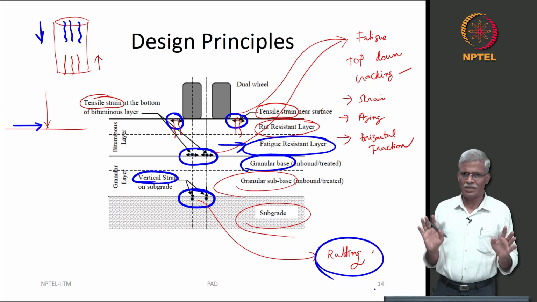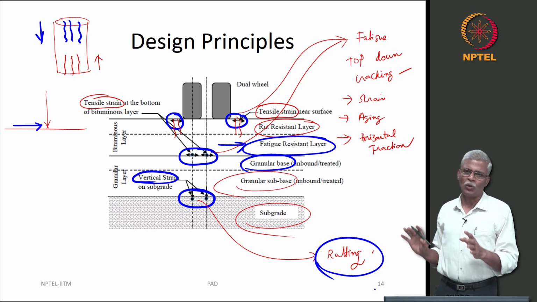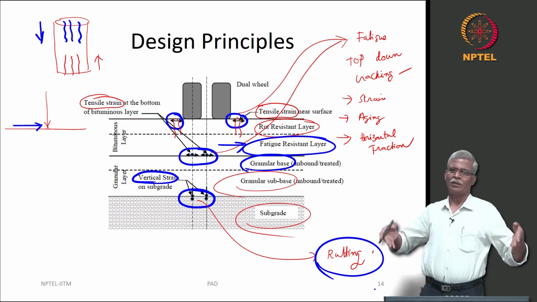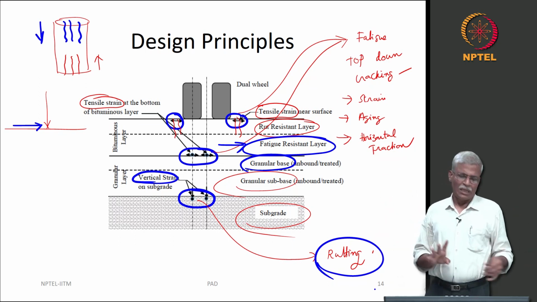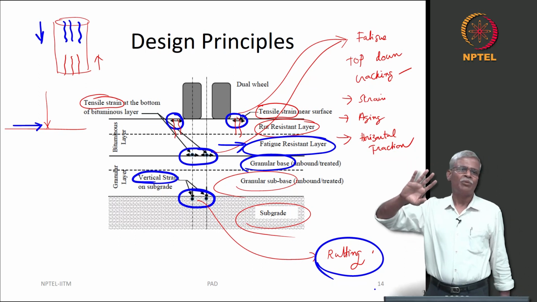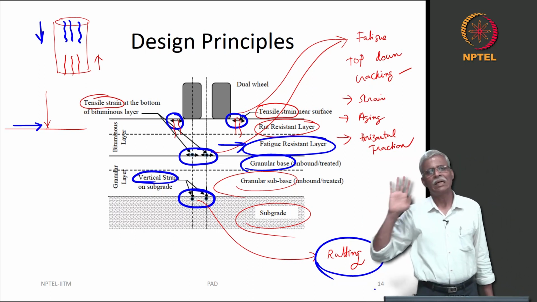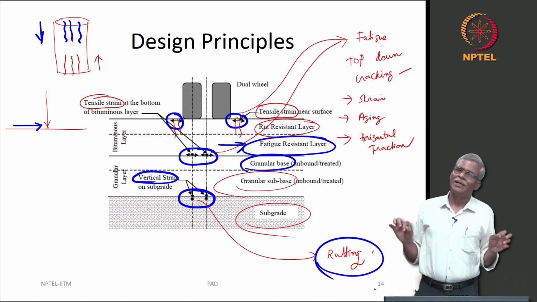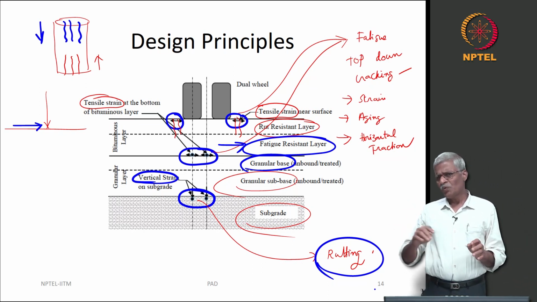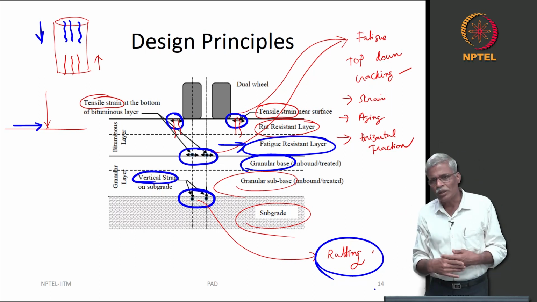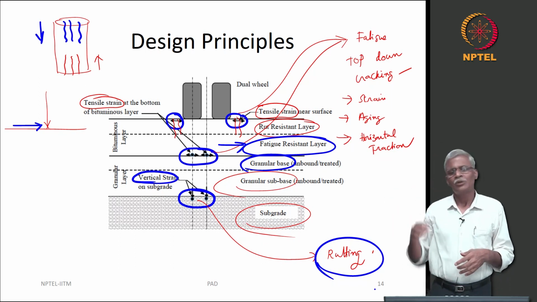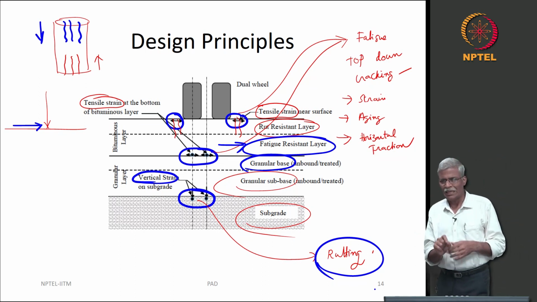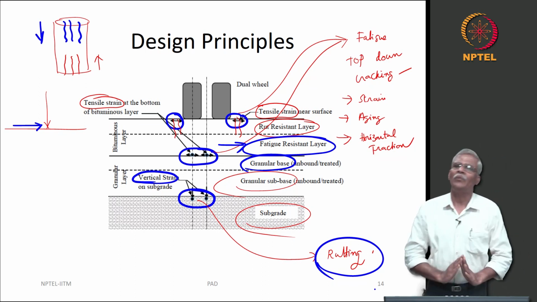What IRC says, or what we follow in India, is a very simple assumption that we make related to the design: each and every layer is going to be subjected to rutting. Permanent deformation they are going to show, but our assumption is, which is the weakest layer in this whole thing? Subgrade. So, let us find out the vertical compressive strain on top of the subgrade and let us limit that value.